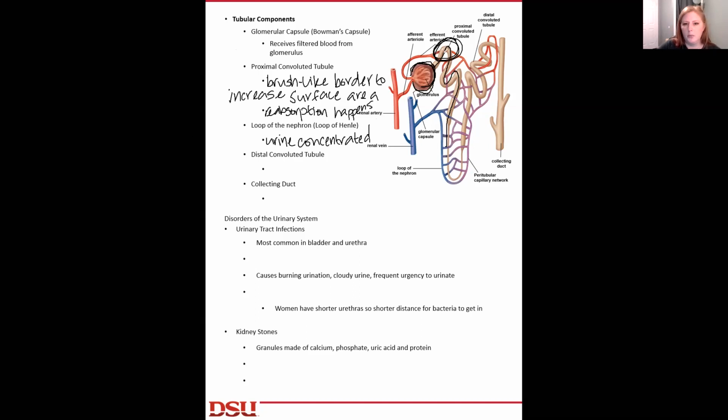All right, so we go from the proximal convoluted tubule down through the loop of Henle, back up through the distal convoluted tubule, which is up here. Up through the distal convoluted tubule, and that is going to be the site of most of the ion exchange.